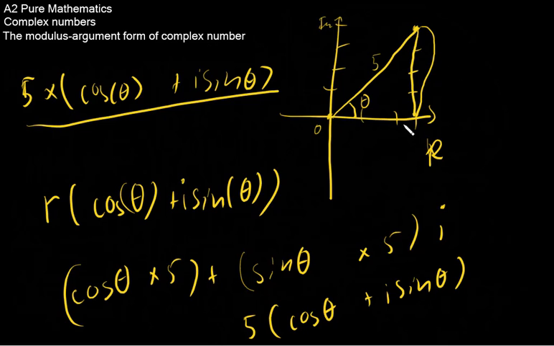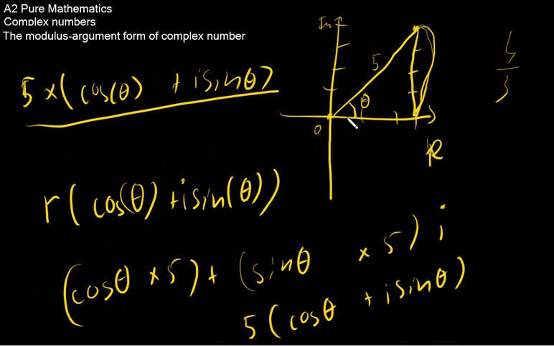From this, there are also different implications. We can find that tan theta is equal to this length over this length, in this case 4 over 3. We can also find the modulus, having known this length and the angle.